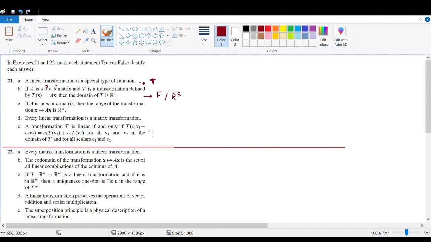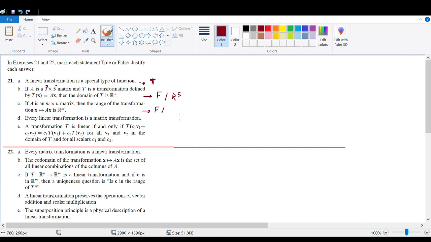C: if A is an m by n matrix, then the range of the transformation Ax is Rm. We say that the range is the set of all images, or the set of all linear combinations of the columns of A. So this one should be false.